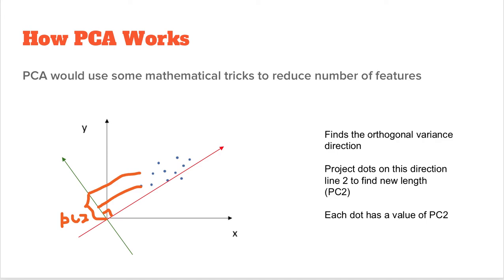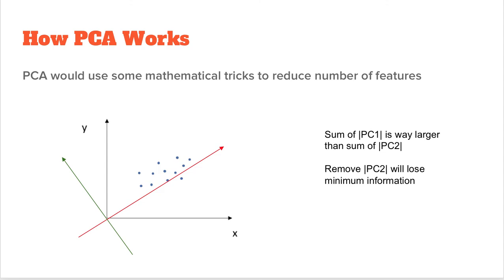All data points should have a value of PC2 as well. After we find line 1 and line 2, we have actually found the new coordinate system, and each data point has a new representation under the new coordinate system.